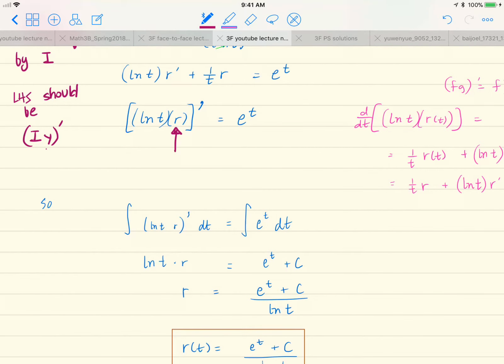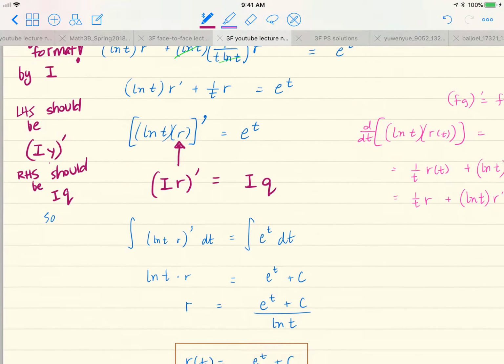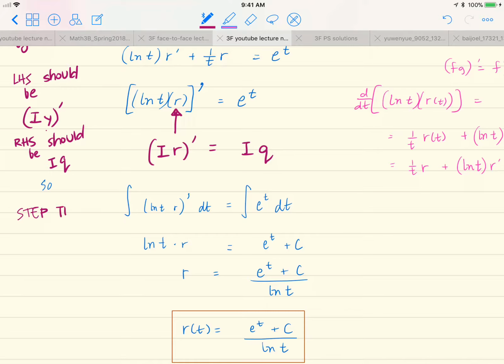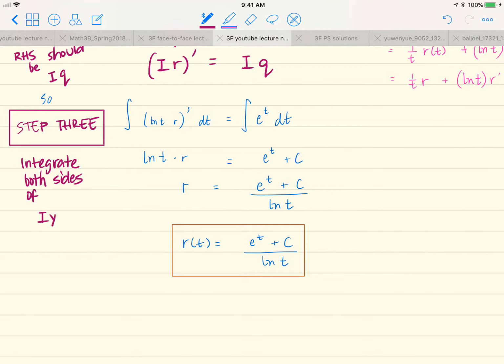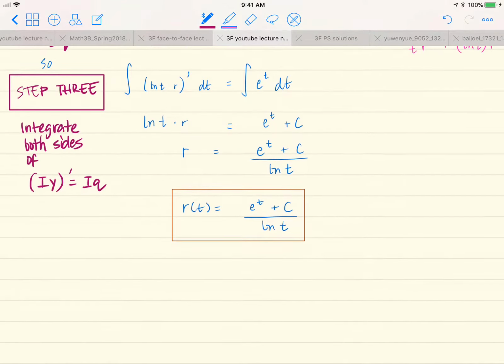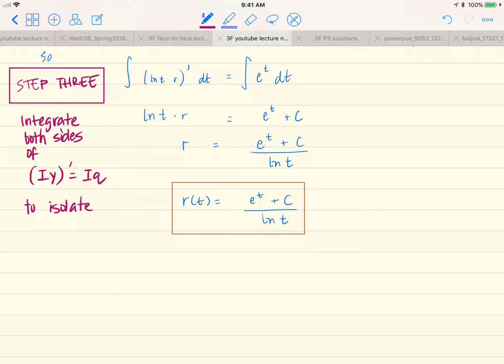The left-hand side should be this, and let me put up here that the right-hand side should be just I times Q. So at this point you have I y prime equals I Q. Now we're ready for step 3, which is to integrate both sides of the equation to isolate y.